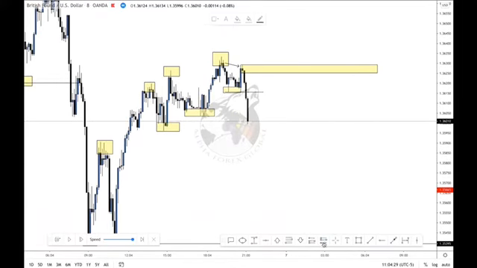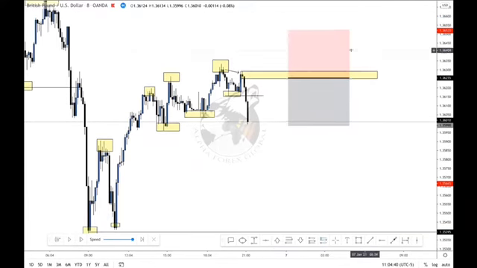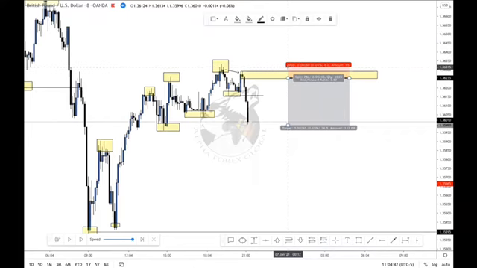So you can either set a pending order right here, stop loss above your sponsor candle, right?